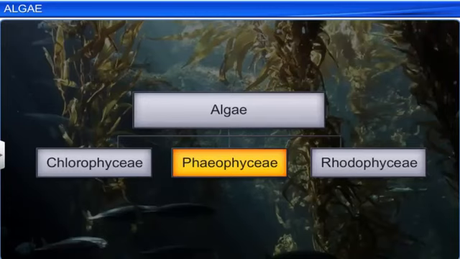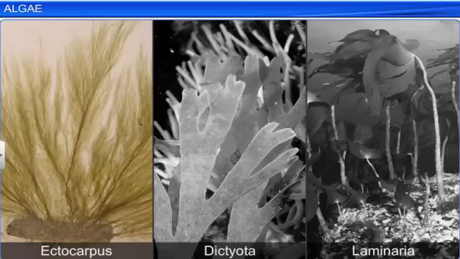Phaeophyceae is another class of algae, and Ectocarpus, Dictyota, Laminaria are some of its members. These species, commonly termed as brown algae, are mostly found in brackish or salt water. They display a wide variety in form and size.